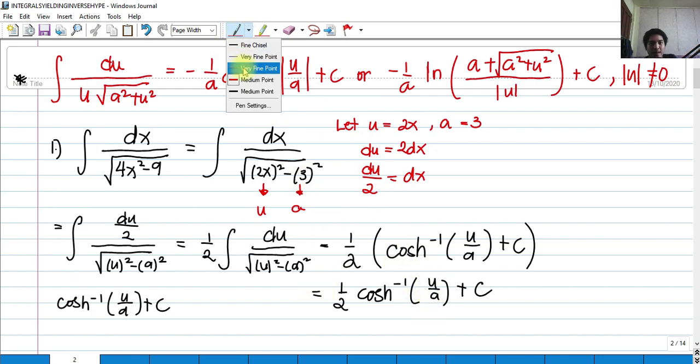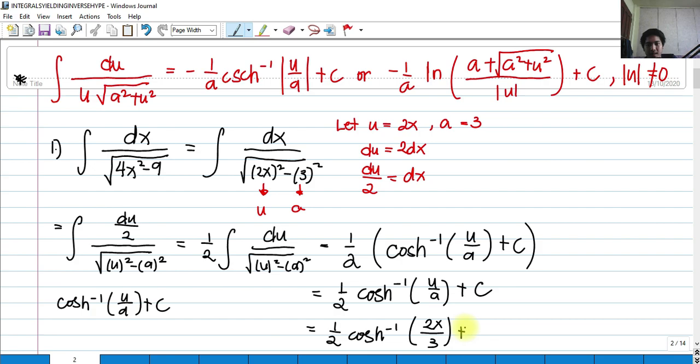This is not our final answer yet. We will have 1/2 inverse hyperbolic cosine of u, where u is 2x all over a, which is 3, plus c. Now, this is our answer in terms of the inverse hyperbolic cosine. We can also express this in terms of the natural logarithm.